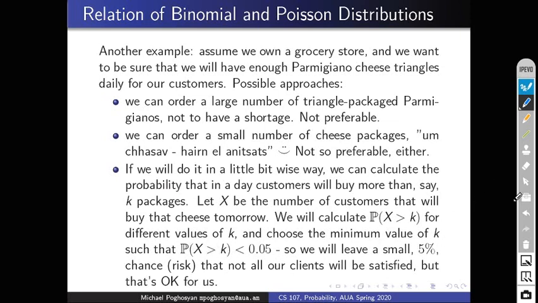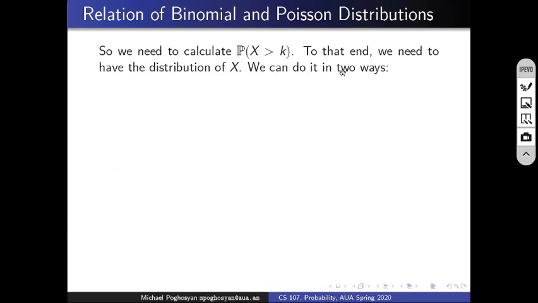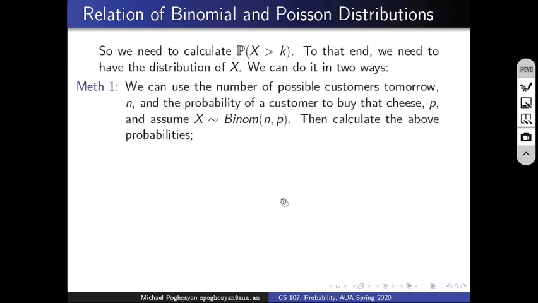So in this approach, we need to calculate the probability that X is larger than K. How can we do this? We can do this in 2 ways. Either we can model X as a binomial distribution, but for that we need the number of possible customers tomorrow, n, which we can model by using some statistics.